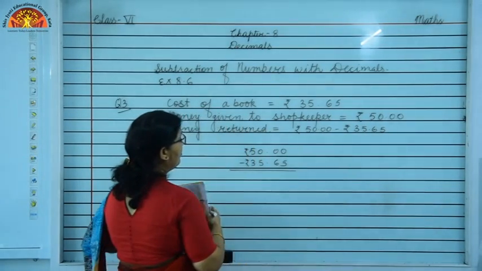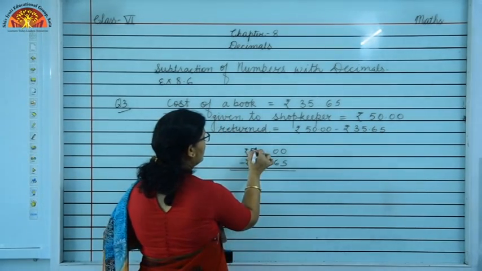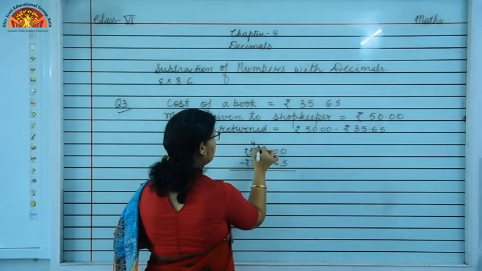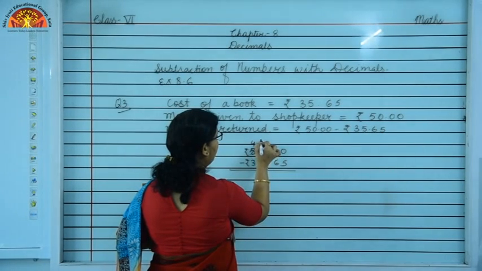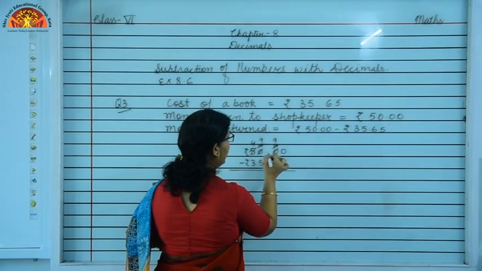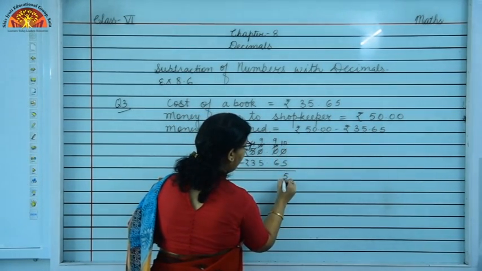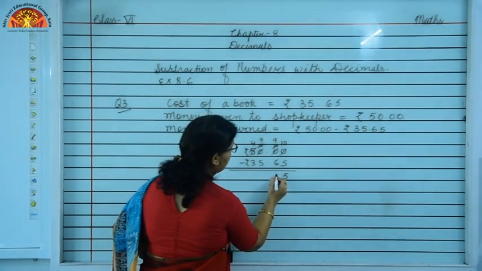Now borrow from 5, because we have 0, 0, 0. So it becomes 4, and the next becomes 10. Again we borrow from 10, it becomes 9, and the next becomes 10. Again we borrow from 10, it becomes 9, and the next becomes 10. So 10 minus 5, 5. 9 minus 6, 3.